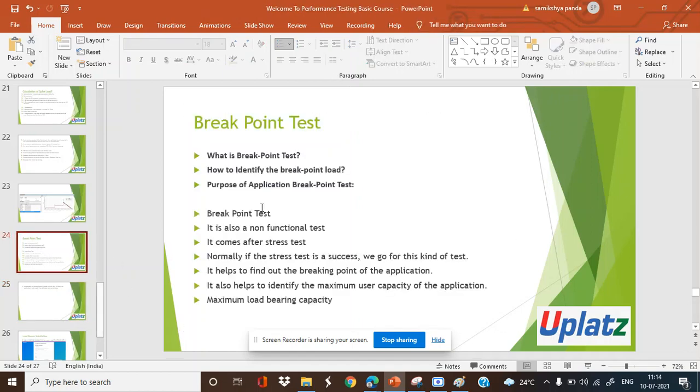Okay, so I think you already have a good idea about the breakpoint test. So how do we identify the breakpoint load?